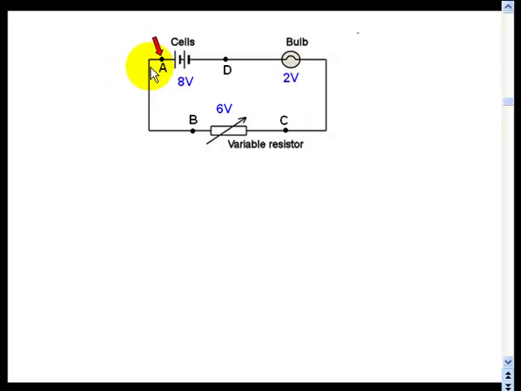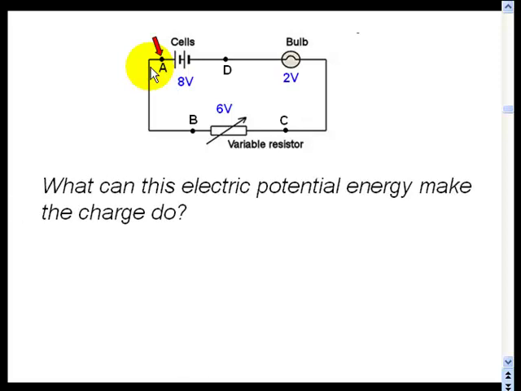If the point A has 8 volt potential, this implies the charge has 8 joules of electric potential energy. What can this electric potential energy make the charge do?